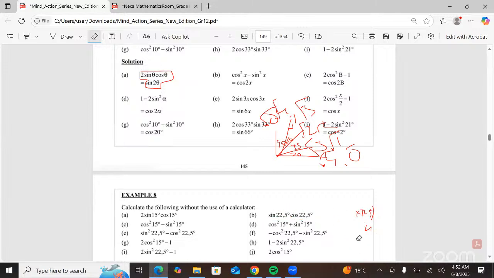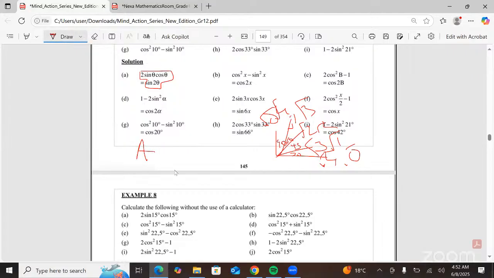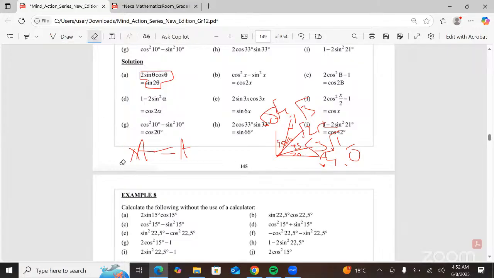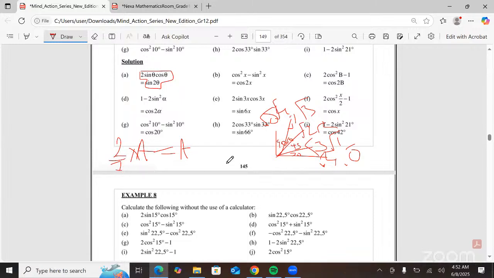So, in order for you not to ruin anything, do you agree that if we have A here and I multiply by 1, I will still get A, right? Yes, sir. Then I can write this one like this, 2 over 2. I didn't ruin anything. This is what you were supposed to do here.